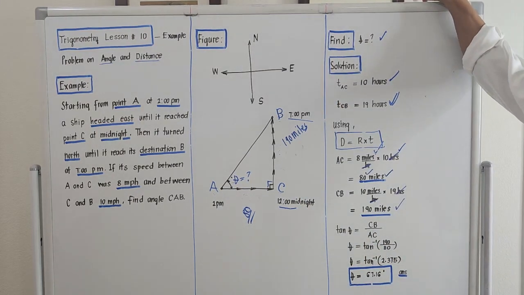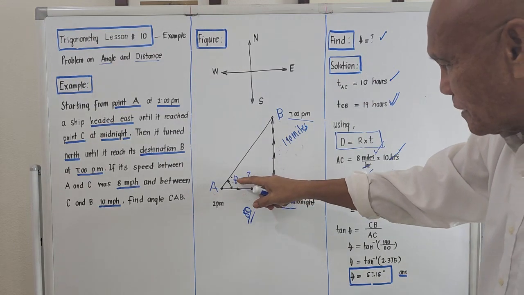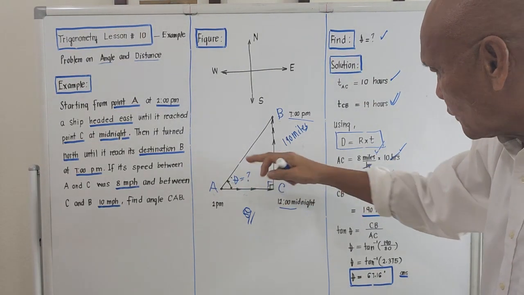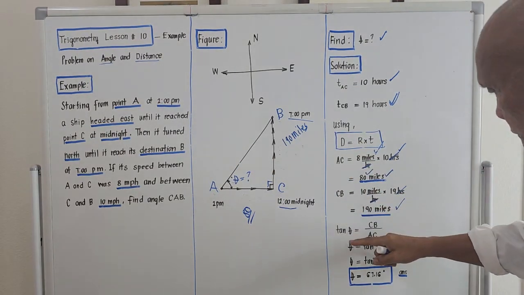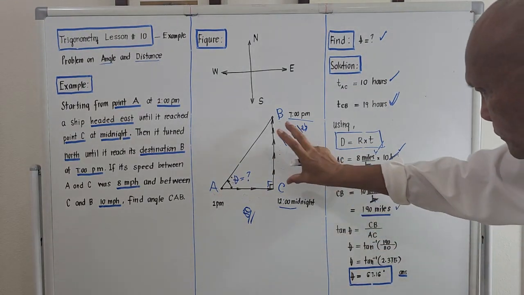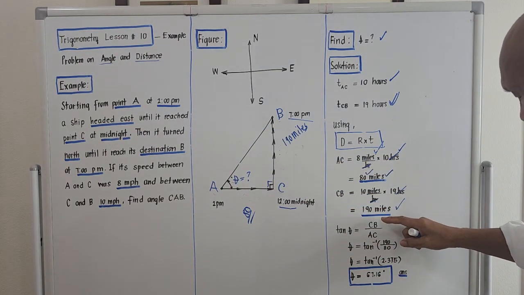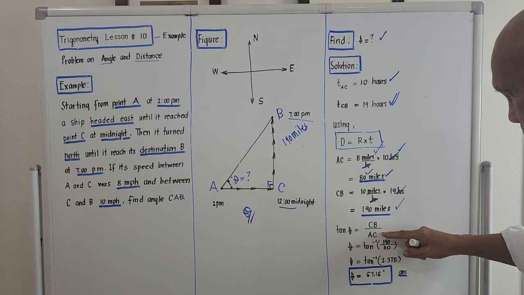So to compute the value of theta, we'll take the tangent of theta. The tangent of the unknown angle theta should be equal to the opposite side over the adjacent side. So this should be 190, or CB, over AC.